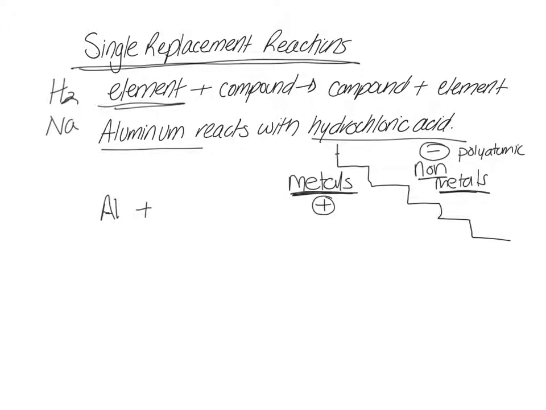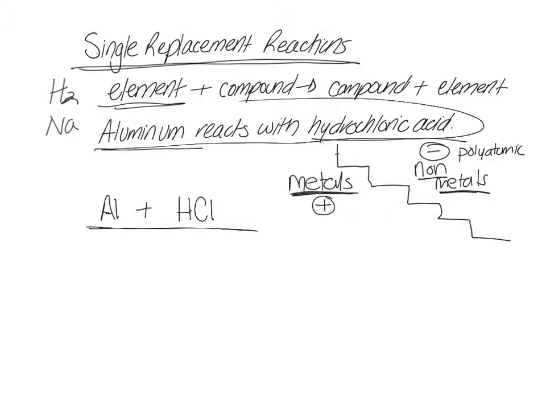And if it's hydro and ic acid, that means that it had to have a hydrogen and chloride, and hydrogen is positive and chloride is negative. So this is kind of the beginning of it. From just writing out what I have here, from the wording of the question, I can see that this is an element and this is the compound.